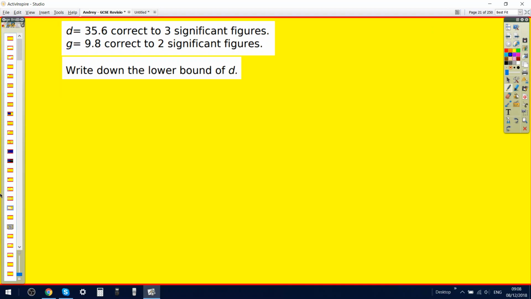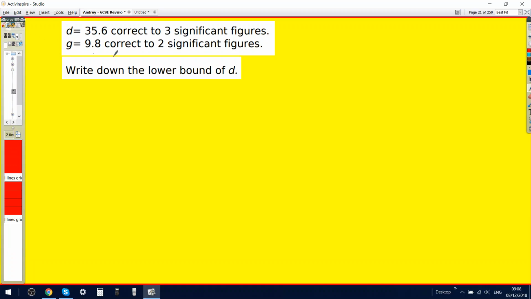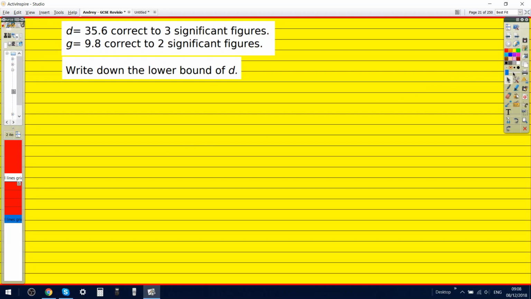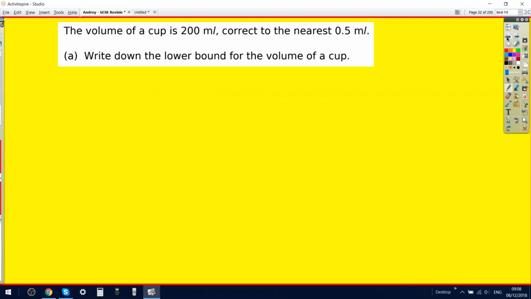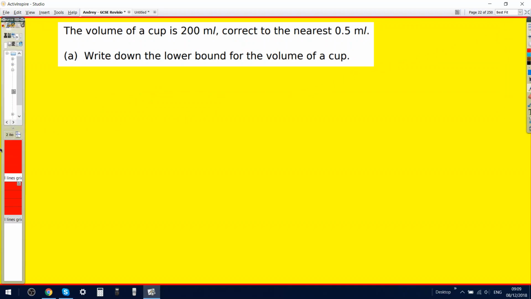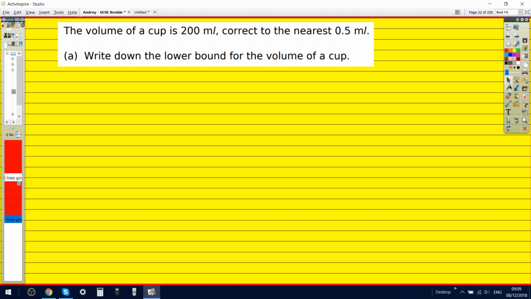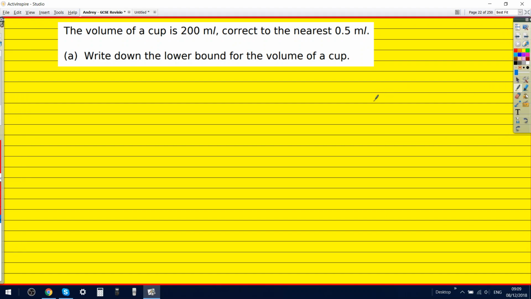Okay, write down the lower bound of t. Is it 35.55? This one: is it 199.5?